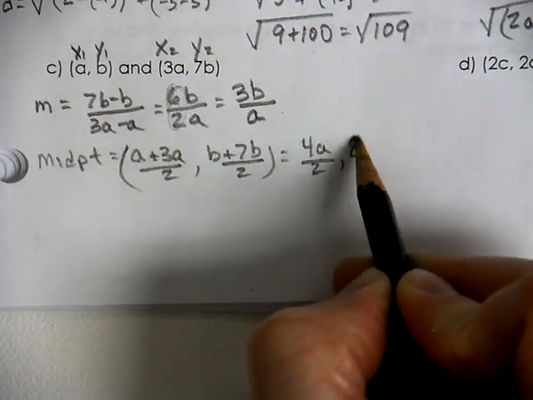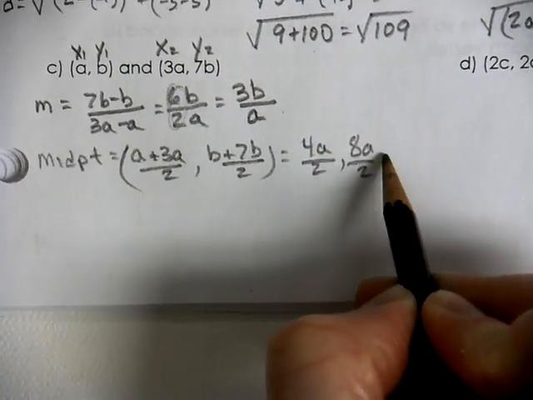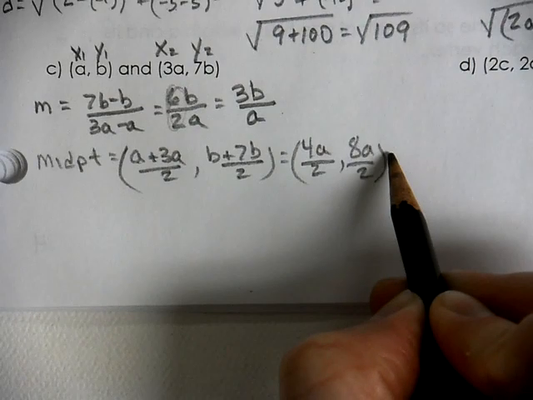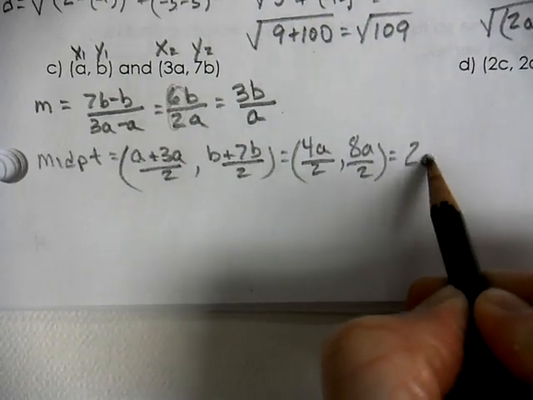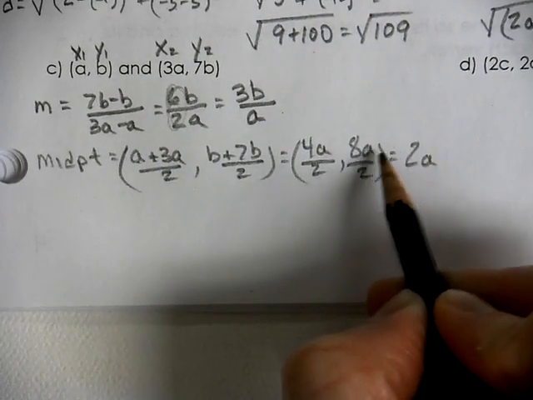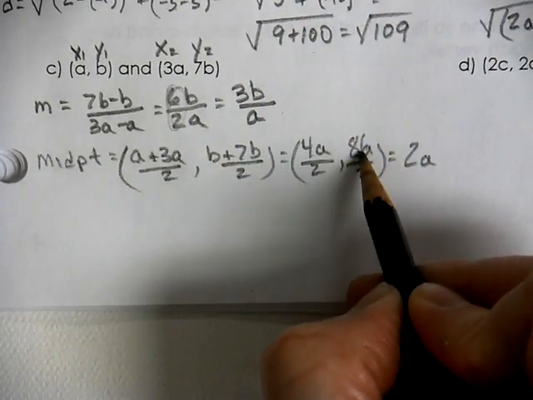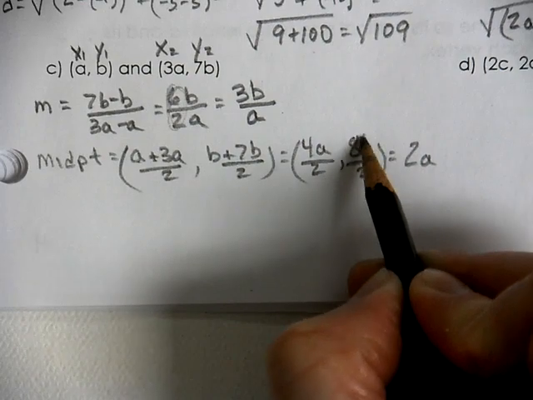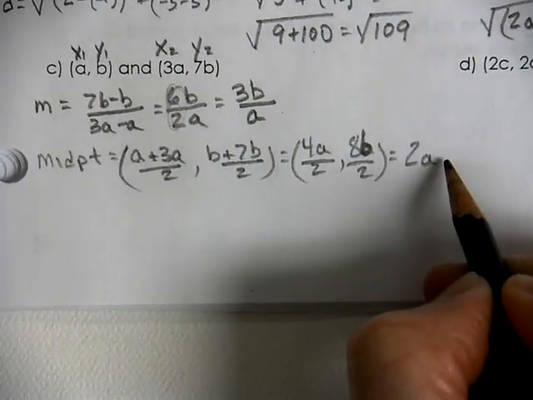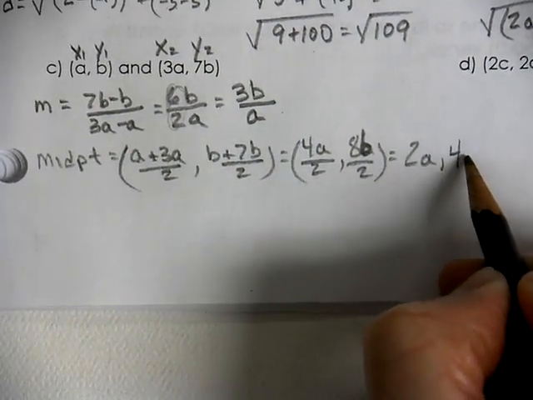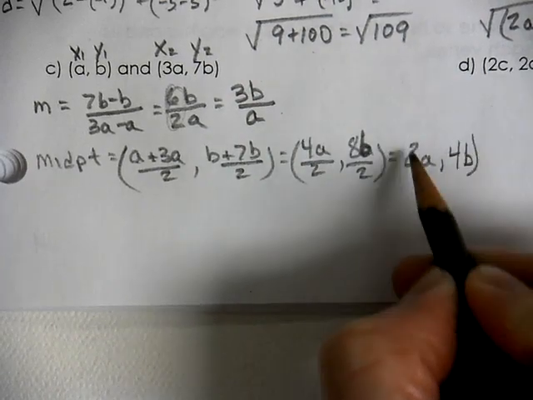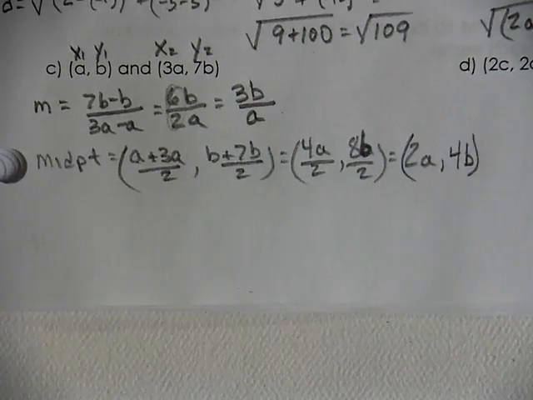And that gives us 8b over 2, 8 bananas over 2. Did you copy me exactly, or were you paying attention? So 2a, comma 4b. That would be the halfway point.